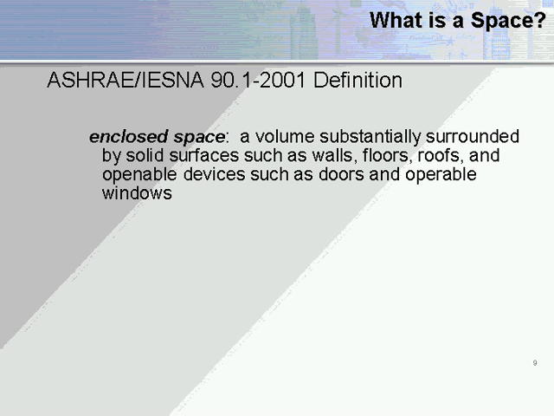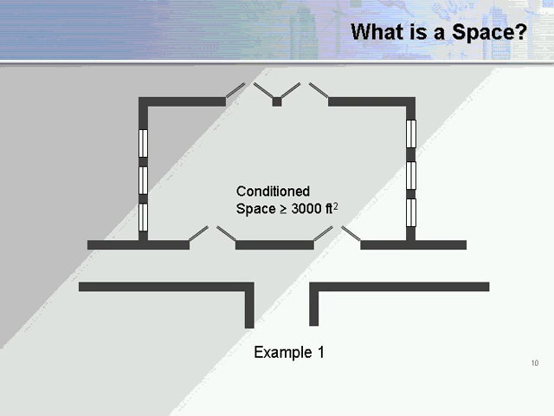So what this translates to is an area surrounded by floor-to-ceiling partitions. It's got some type of a roof on it, and there could be openings in that partition, but the openings have doors or some type of window in there to basically plug the holes up, if you want to look at it that way. The next slide we're going to take a look at actually would show the definition of the space based on the ASHRAE definition.